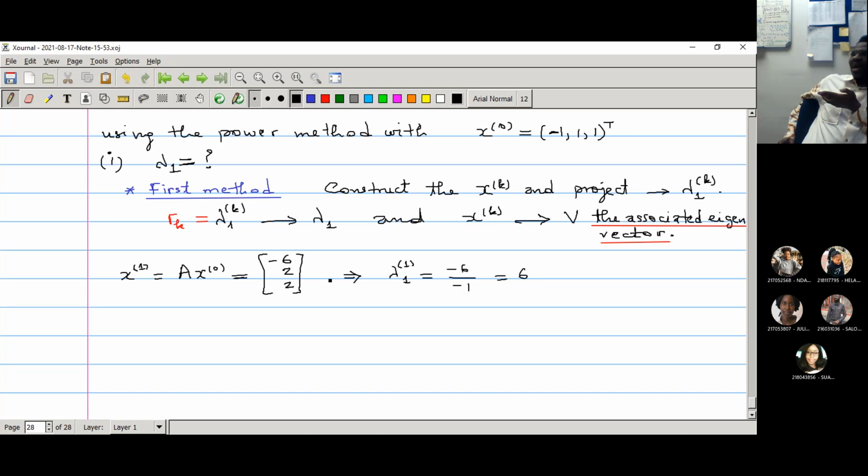Oh, okay. If you use something else, it's no longer the first component. This is the first component, and the first component here is -1. You are using the same phi. If you go to the note, you see that phi is in the numerator, phi is in the denominator. If phi is along a certain direction, you do the same thing. If you do something else, you don't understand the method at all.